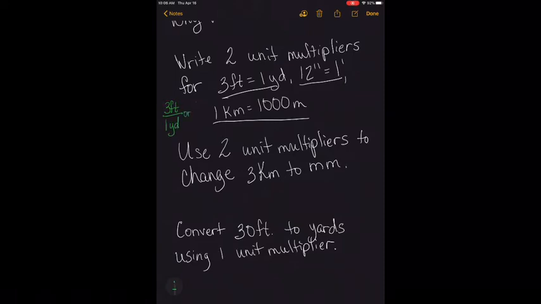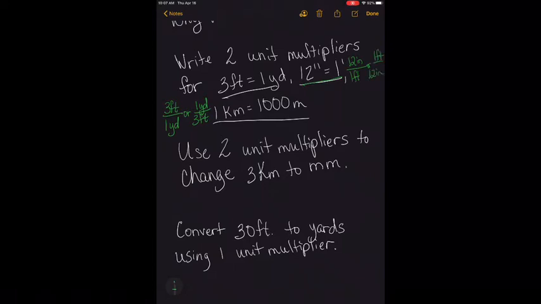So 3 feet is 1 yard. Or 1 yard is 3 feet. Okay, you can write it either way. So how about this one here? We have 12 inches is 1 foot.